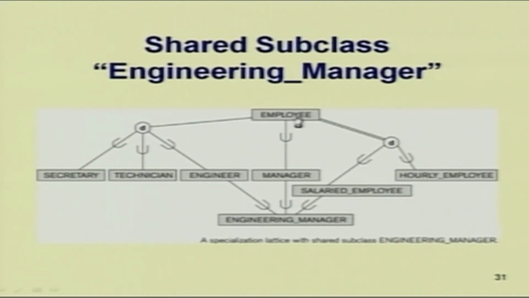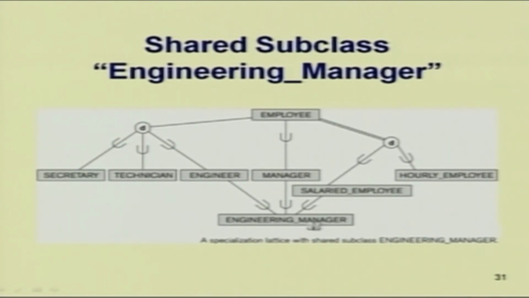So, you have employee, which we have seen before. Now, this part is an engineering manager. This engineering manager is a manager, an engineer and a salaried employee. So, this subclass belongs to 3 superclasses, or inherits from 3 superclasses.